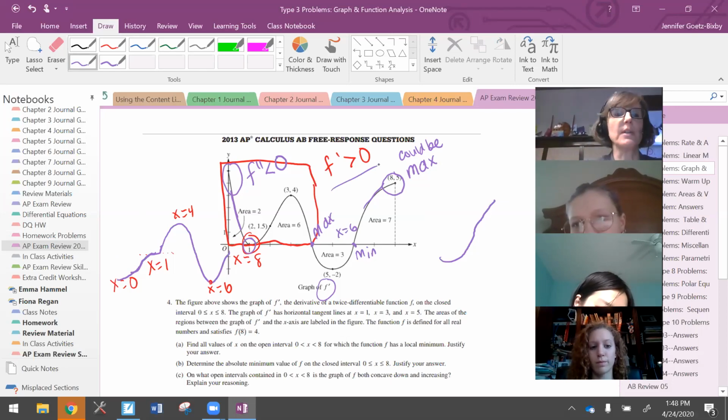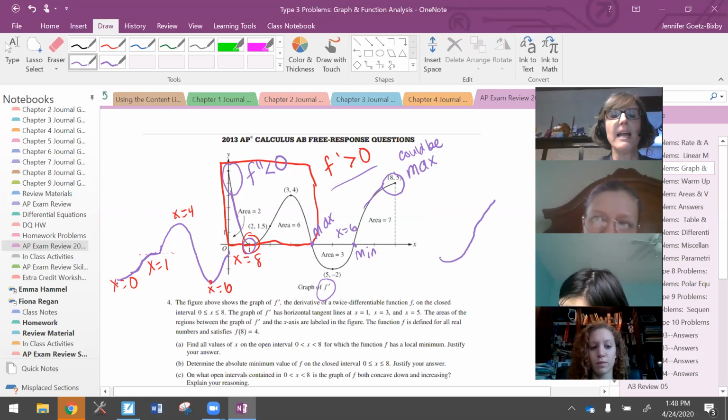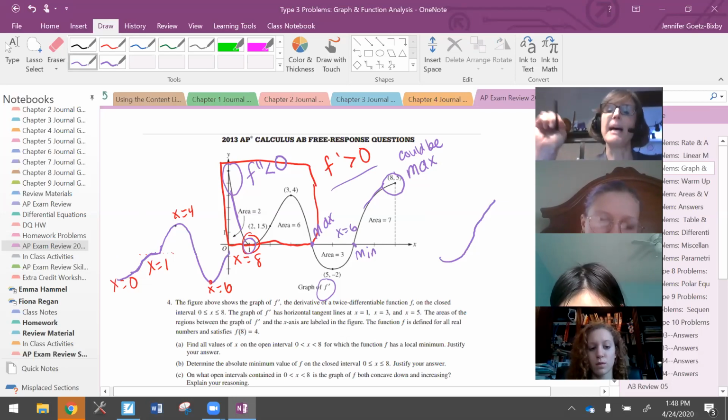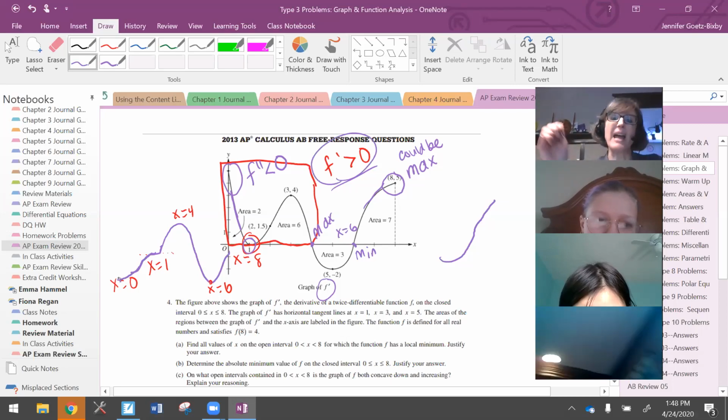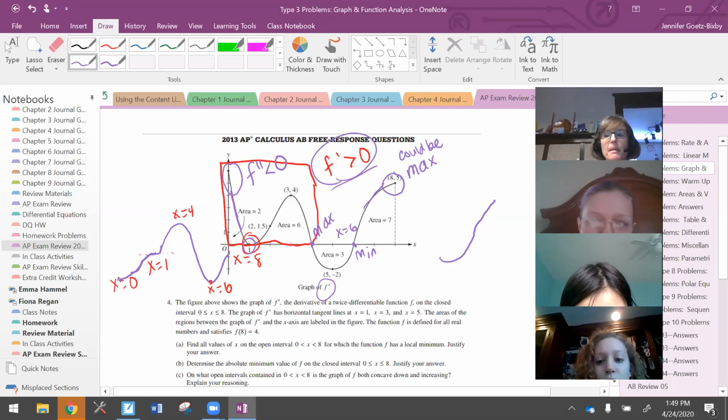So I start over here at x equals 0, and I increase. I got something funky going on at x equals 1, and I have to increase all the way to x equals 4. So if my function has to increase all the way from x equals 0 to x equals 4, because that's what this tells me, then x equals 0 has to be some kind of a minimum.